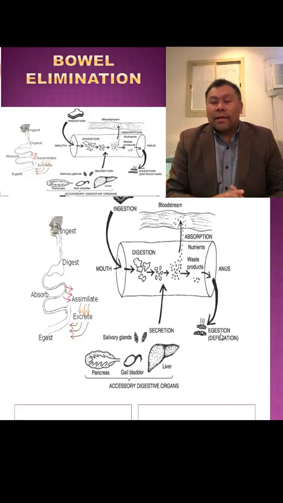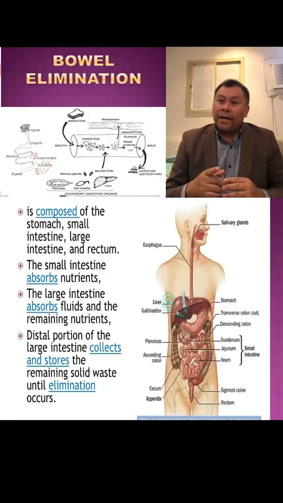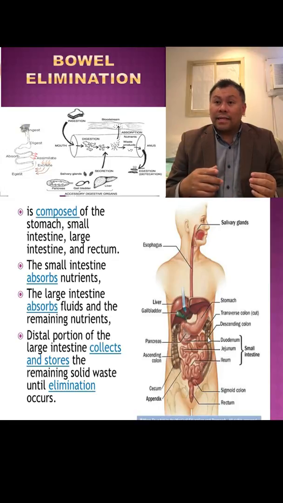Now, if you take a look at the structures, we have the salivary glands, the esophagus, and then the organs: the liver, the gallbladder, the stomach, the transverse colon, the descending colon, the pancreas, the ascending colon, and the small intestine, a combination of duodenum, jejunum, and ileum.